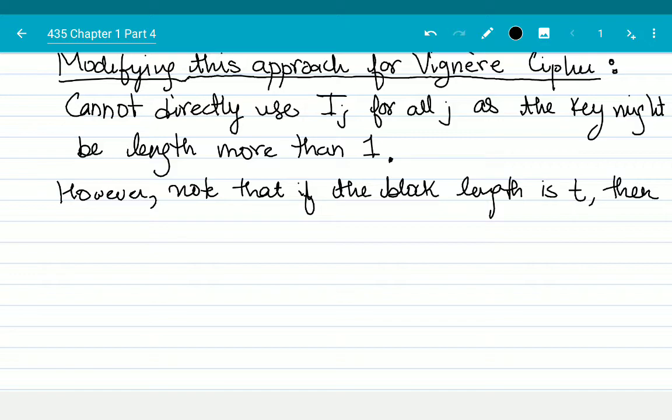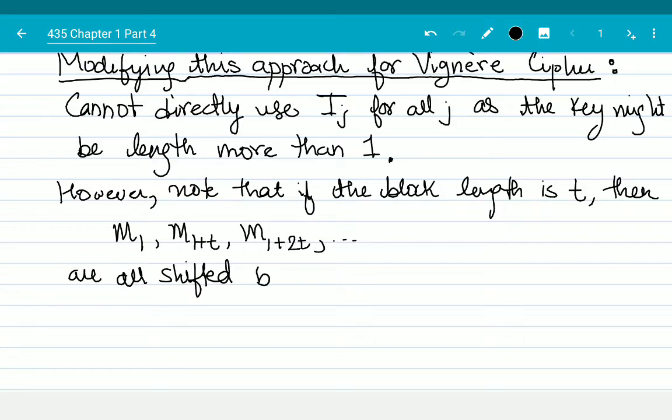the block length is t. Then m1 plus t, m1 plus 2t, and so on, are all shifted by the same letter of the key.